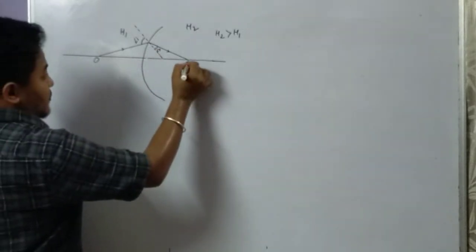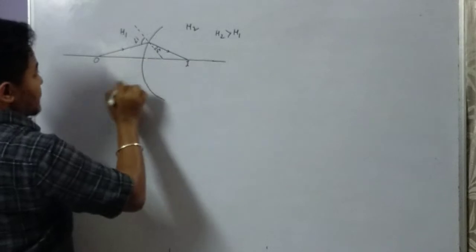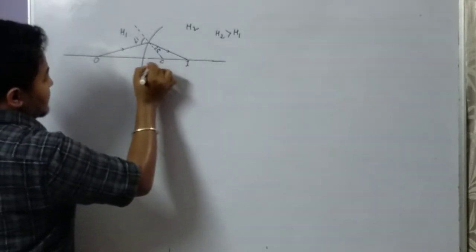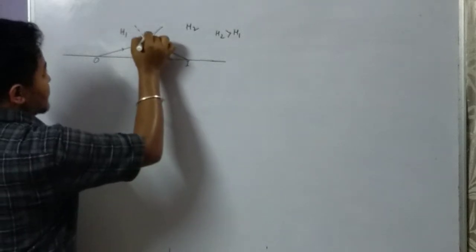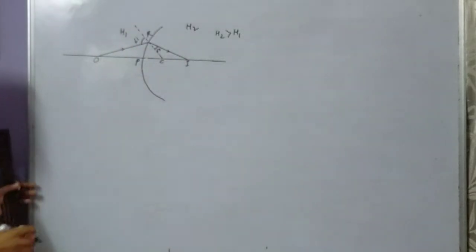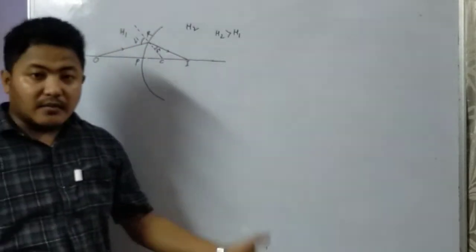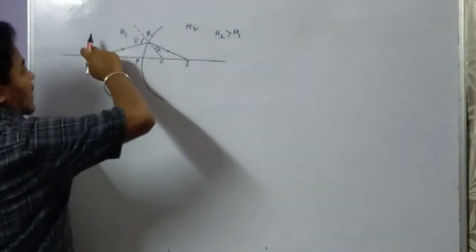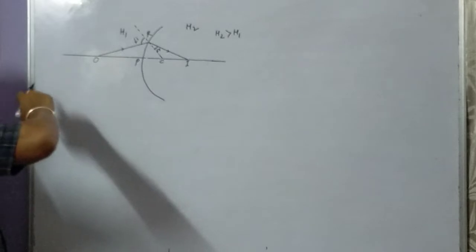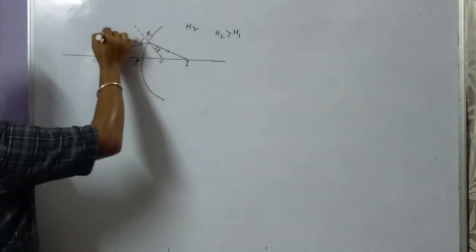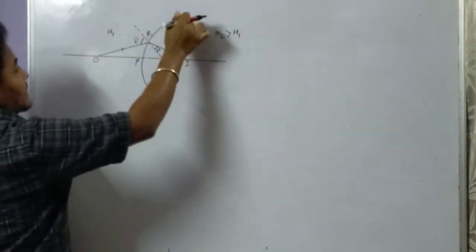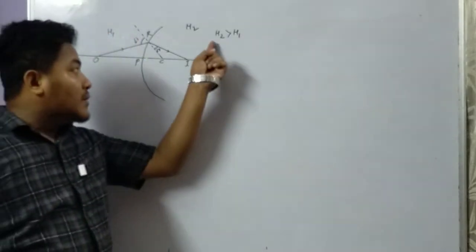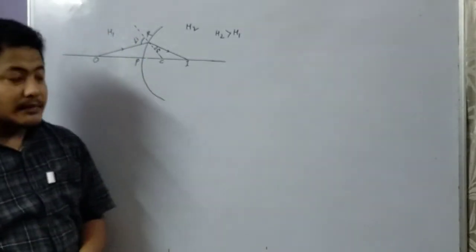Suppose this is the image of this object, and this is point C, this is point P, this is point R. We have assumed nothing critical, a very simple diagram. Simply light is traveling from optically rarer to optically denser medium. This medium has refractive index mu1 and this medium has refractive index mu2, where mu2 is greater than mu1.